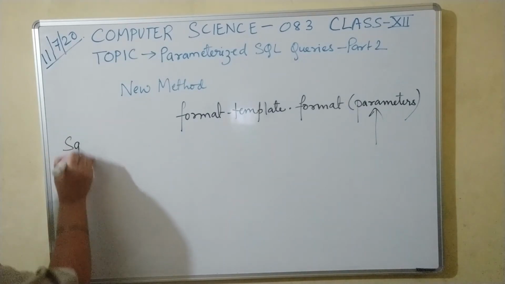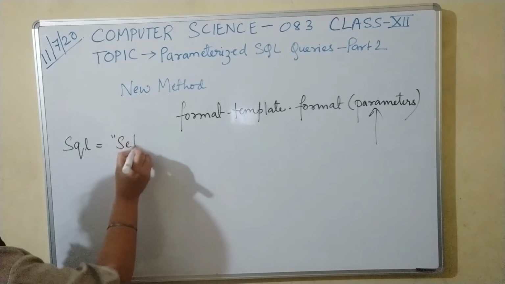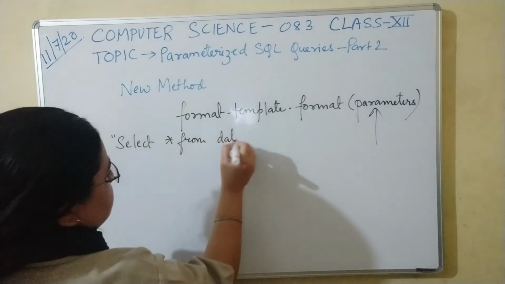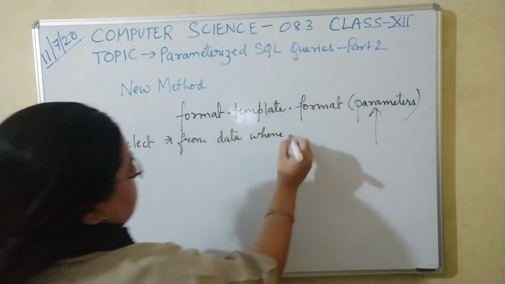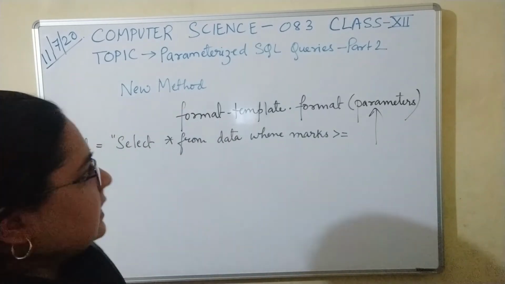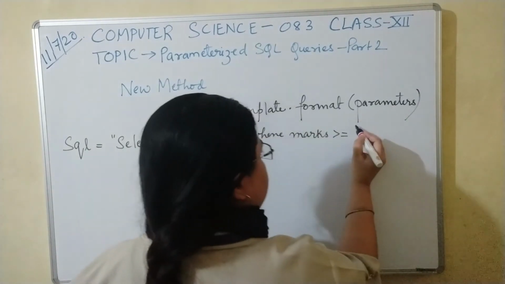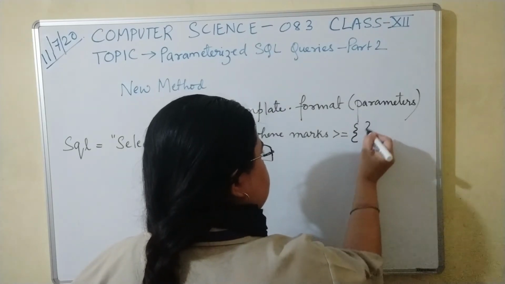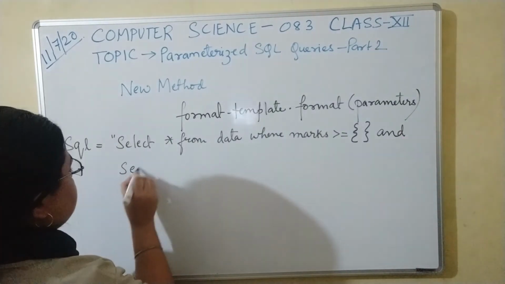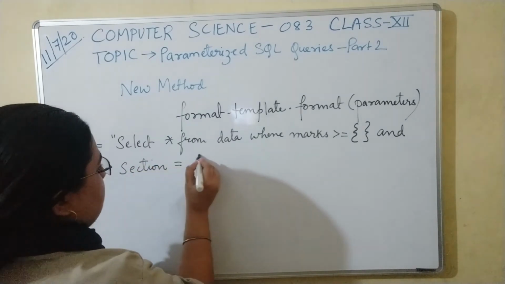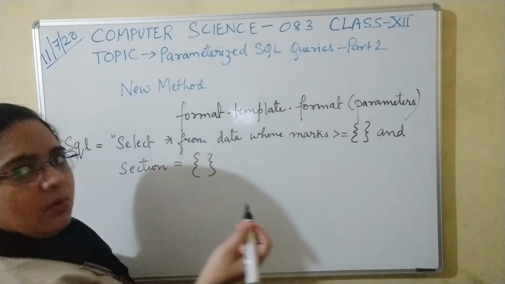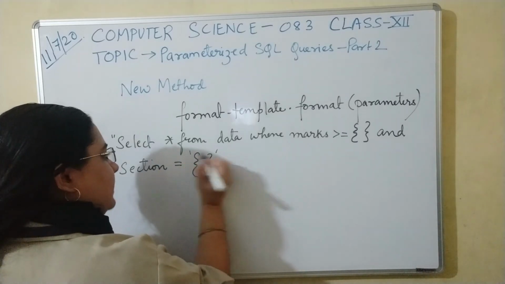So for SQL, you simply will be writing like this: select asterisk from data where marks are greater than equal to, and instead of giving a %s, you will be simply providing a pair of curly braces like this, and section is equal to pair of curly braces, but because section is a string type data, hence unlike the old method, here you are going to include that within single quotes.